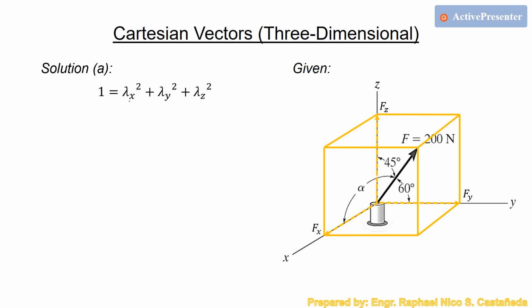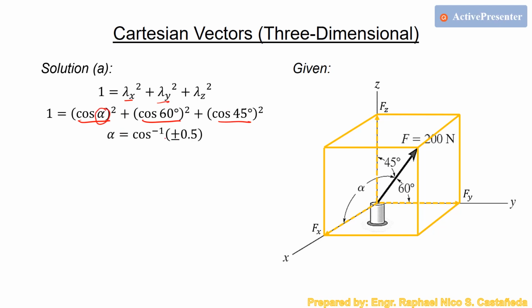Substituting the formulas, lambda x equals cosine alpha, lambda y is cosine beta, and lambda z is cosine gamma, and simplifying, alpha equals arccos of the square root of 1 minus cosine 60 squared minus cosine of 45 squared.